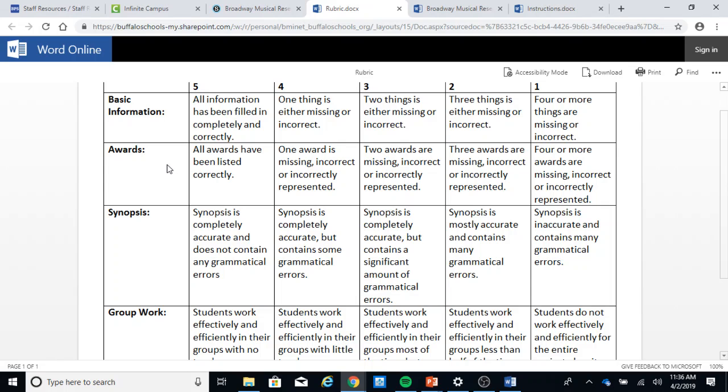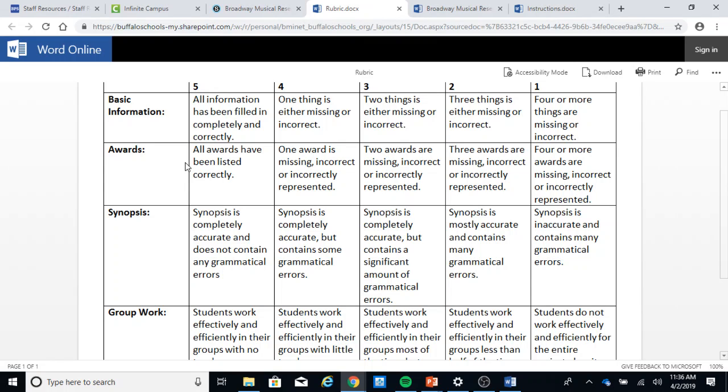So to get a 5 out of 5, all information has to be filled in completely and correctly. From that point, anything that's either incorrect or missing in that section, you're going to lose a point. You with me? So anything missing or incomplete or inaccurate will be a missing point.